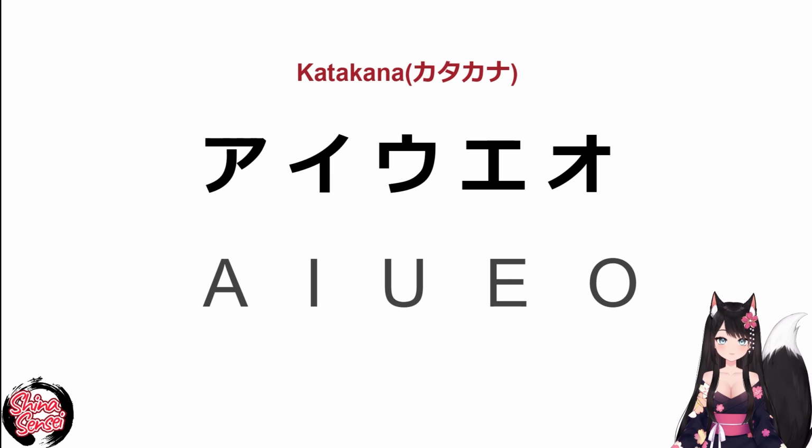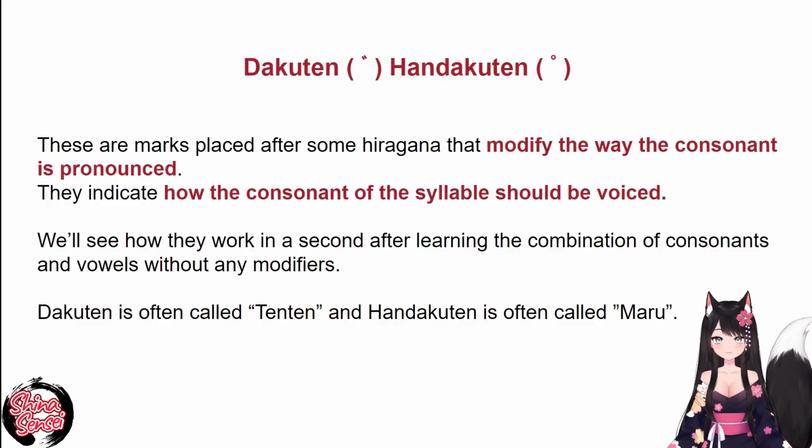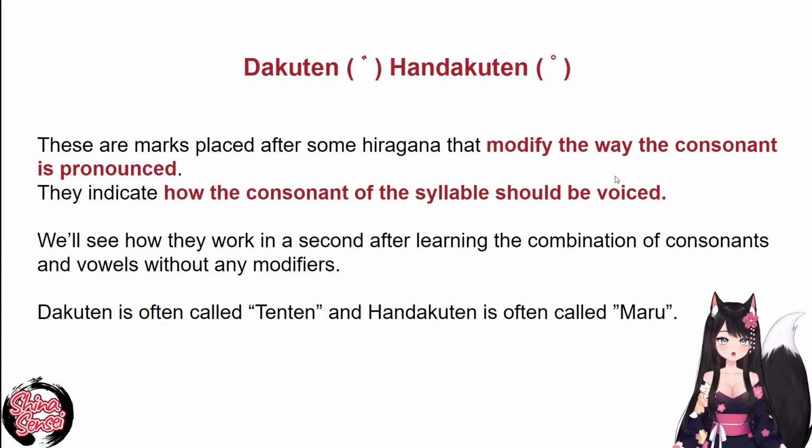Okay, let's begin reading. We have the long vowels a, i, u, e, o. And I don't know if you remember this, the dakuten and the handakuten that we saw when we were reading hiragana. Remember that these are marks placed after some of the katakana, sorry, here it would be katakana in this case, to modify the way consonants are pronounced.